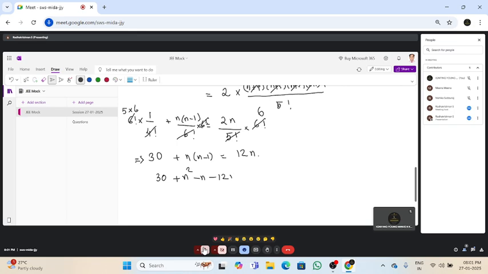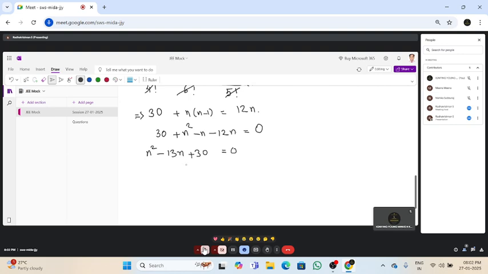Okay, I bring this here, put it as 0. So I'll put it as n square minus 13n plus 30. So that is n equal to 3 or n equal to 10.